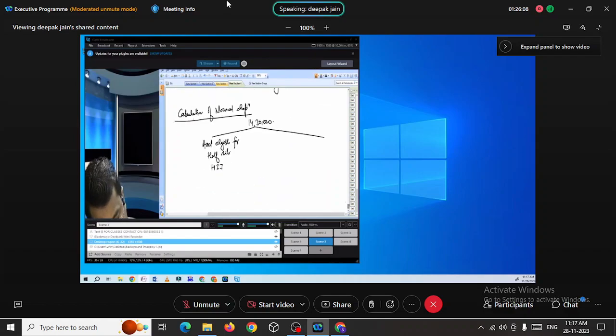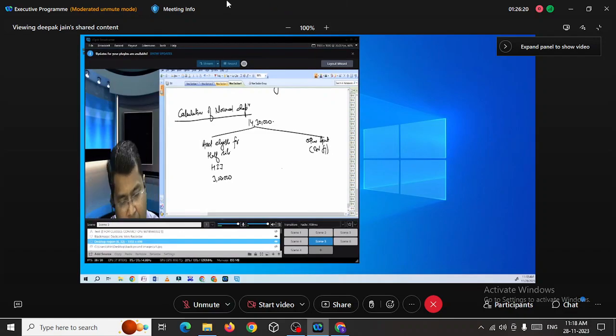Other assets are a balancing figure: 14,30,000 minus 3 lakh, amounting rupee 11,30,000.